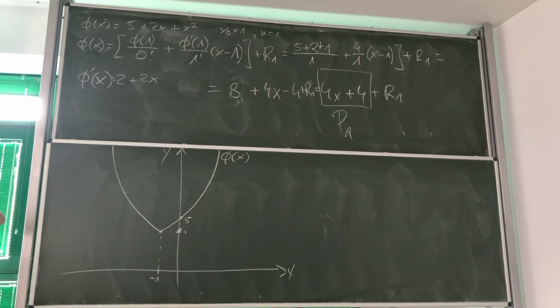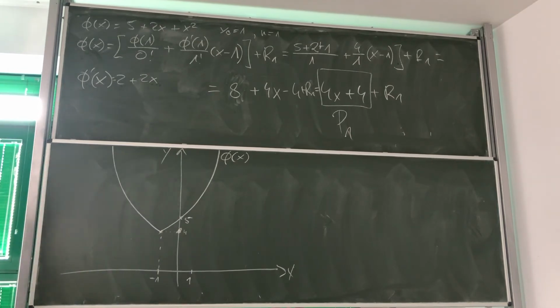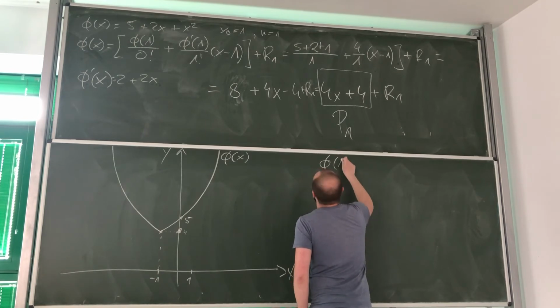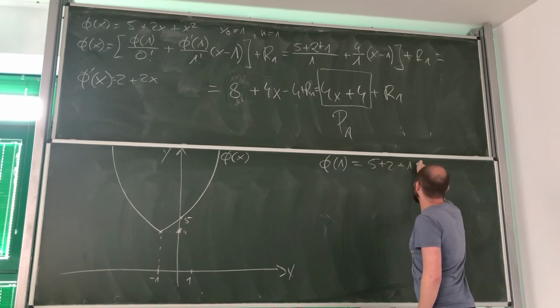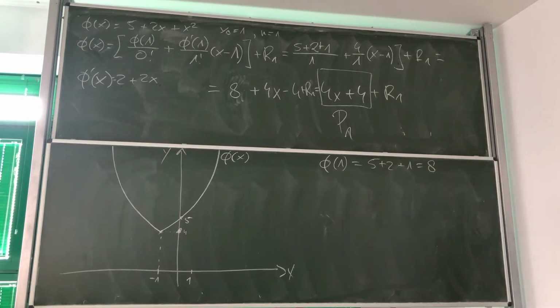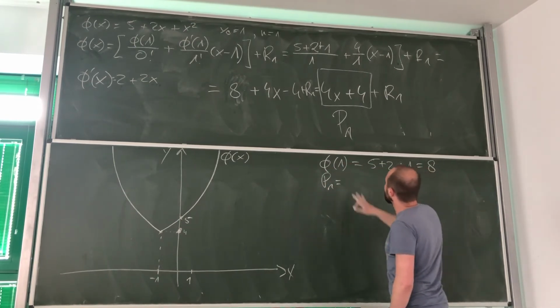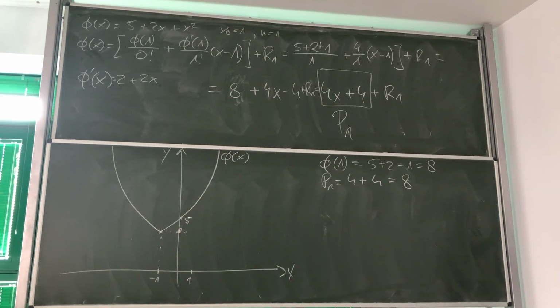But let's just notice one very specific thing. We were expanding at point 1, right? Let's see what is the value of phi of 1. So this is 5 plus 2 plus 1. This is 8, right? And now let's do the same thing for our linear approximation. This is 4 plus 4, which is equal to 8.